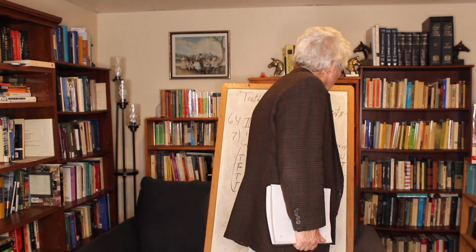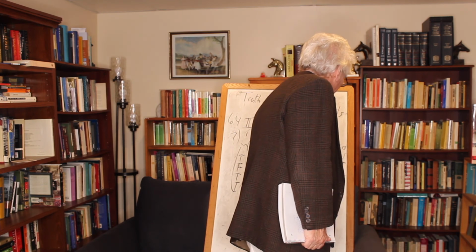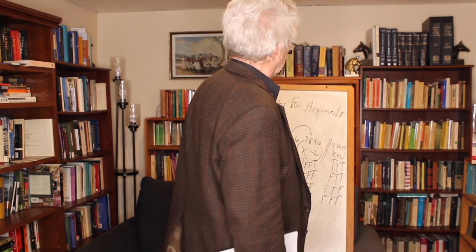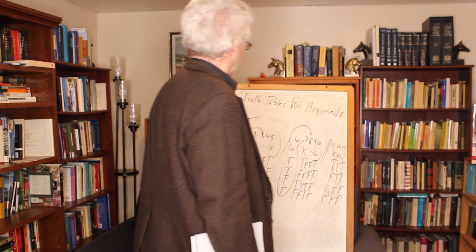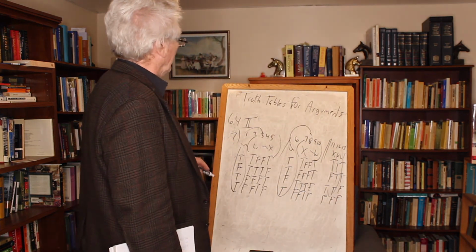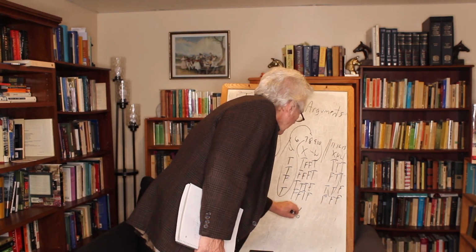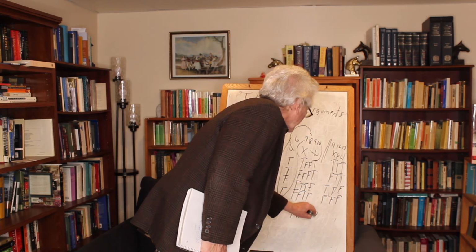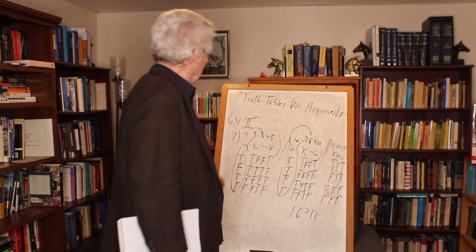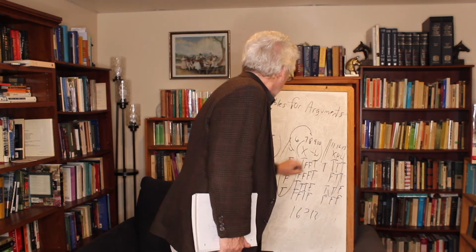The conclusion: true or true is true, false or true is true, true or false is true, false or false is false. That's under 12. So what do I have to look at? 1, 6, and 12 in order to get the values under the double slash. 1, 6 implies 12. Alright, so true, true, and true makes true there.